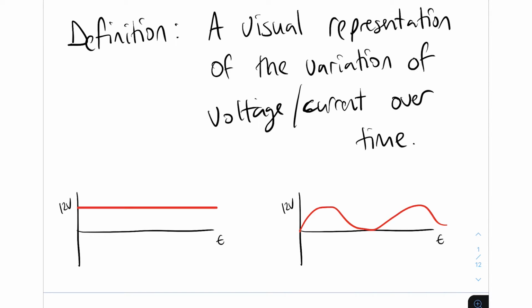So if instead you had a waveform that looked like this, then you could see that it started off at 0 and then went up to 12 volts, came back down to 0, went back up to 12, and then went back to 0. So it's a visual representation of the variation of voltage, or it can be current as well, over time.